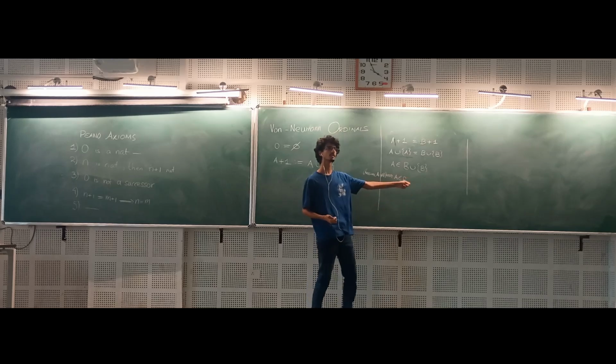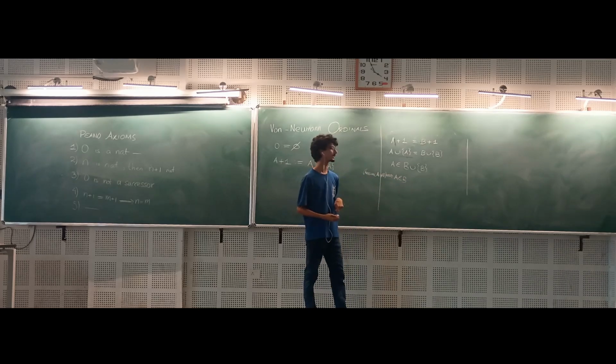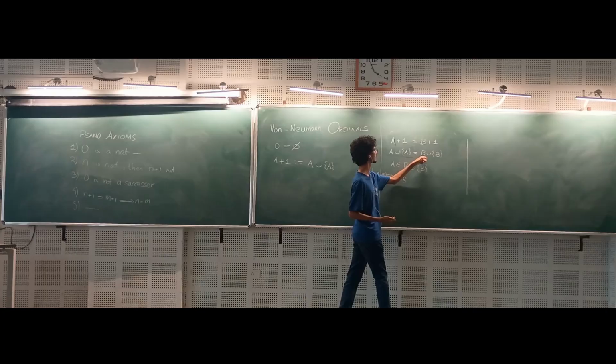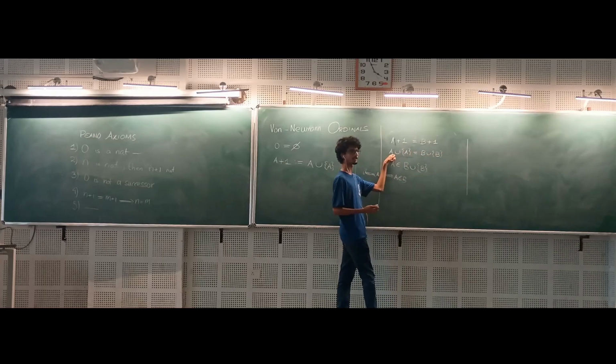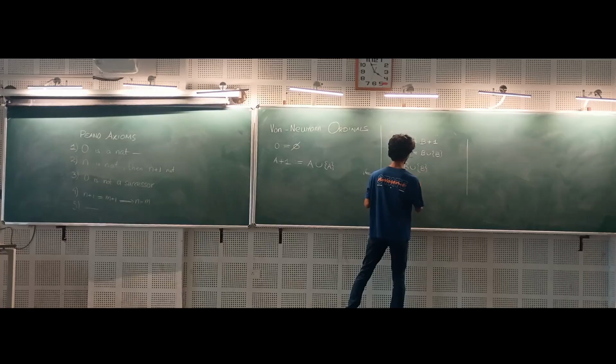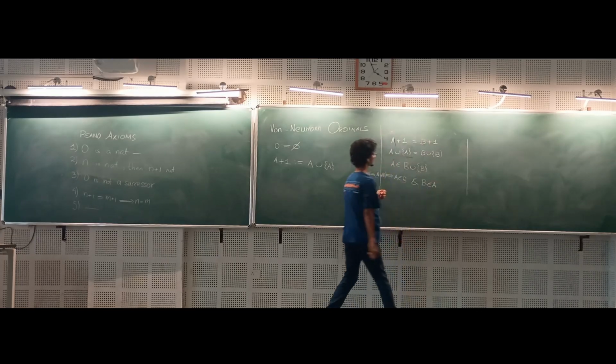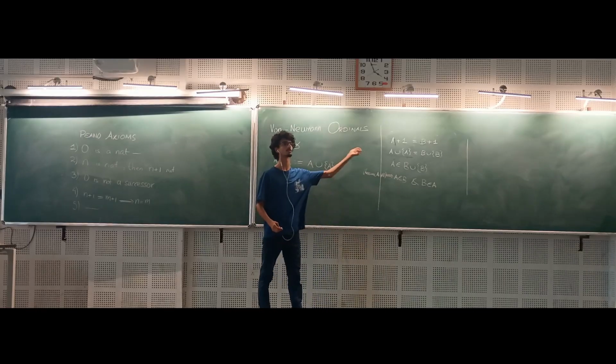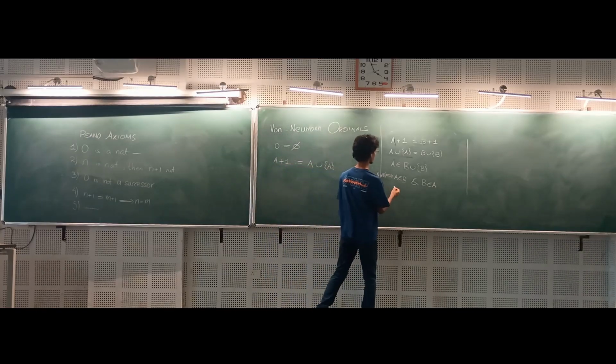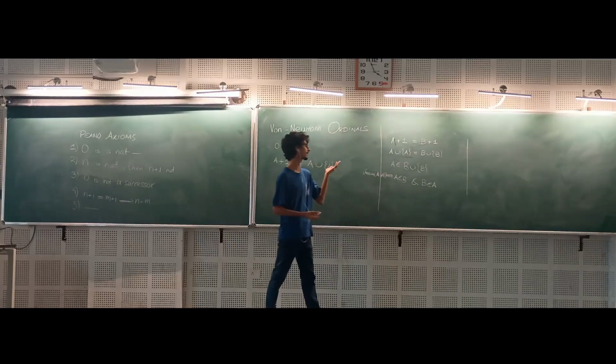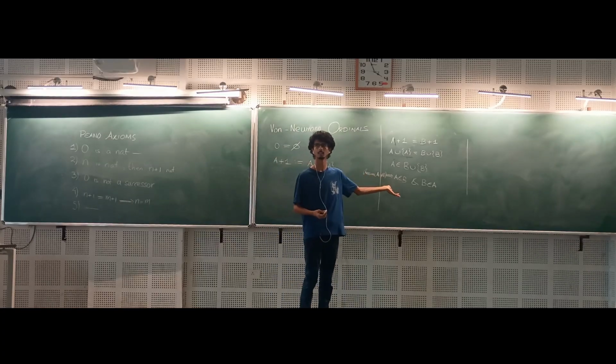Now you can do the same thing the opposite way around. B belongs to this set, so B must belong here. But B is not A, so B cannot belong to singleton A. So B must belong to A. So A belongs to B and B belongs to A. In particular, set theory does not allow us to have sets like this.